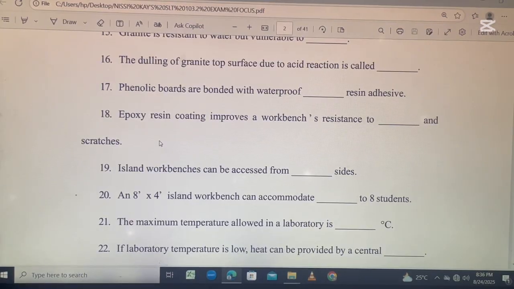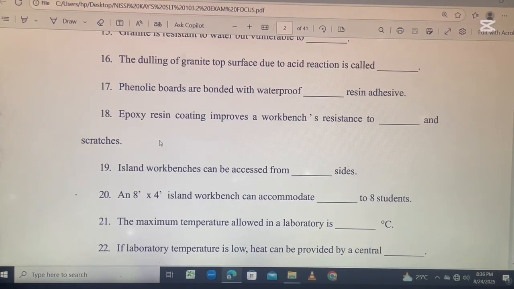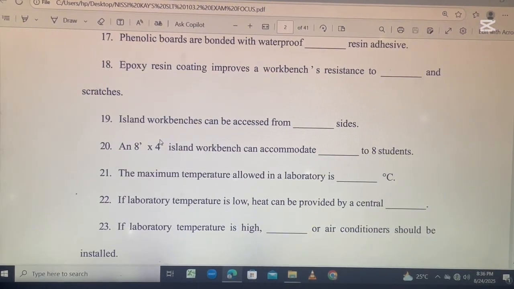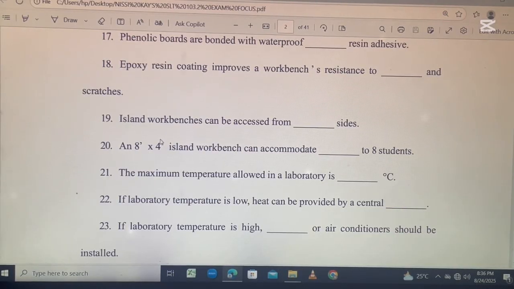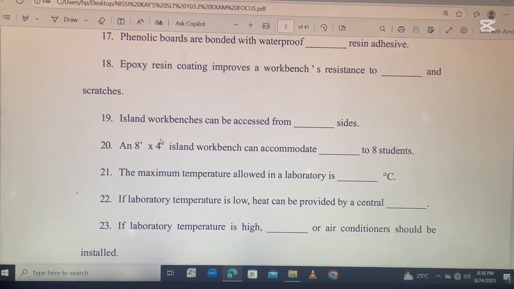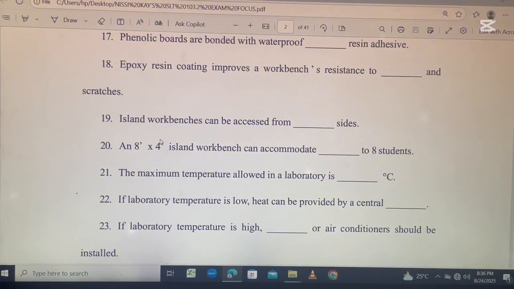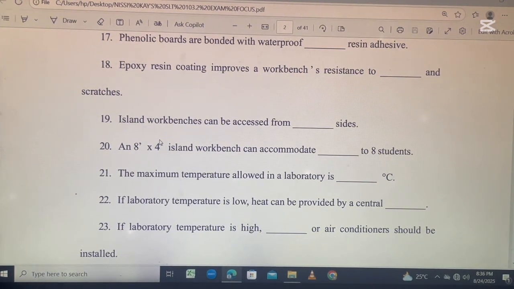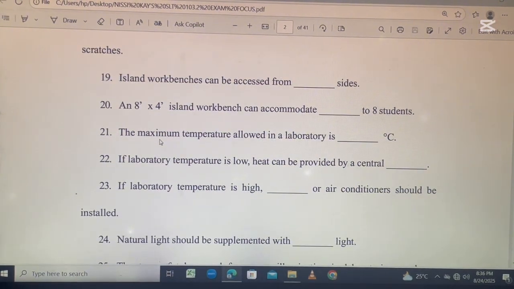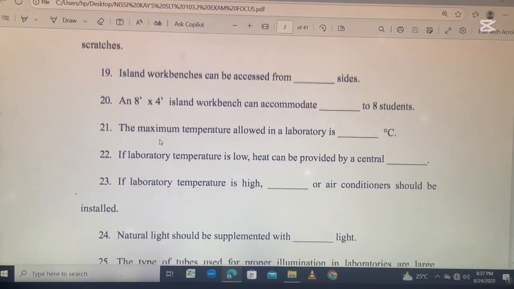The next question here is: epoxy resin coating improves a workbench's resistance to heat and scratches. So it facilitates the ability of workbenches to resist heat and scratches. The next question is: island workbenches can be accessed from dash sides. They can be accessed from all sides.